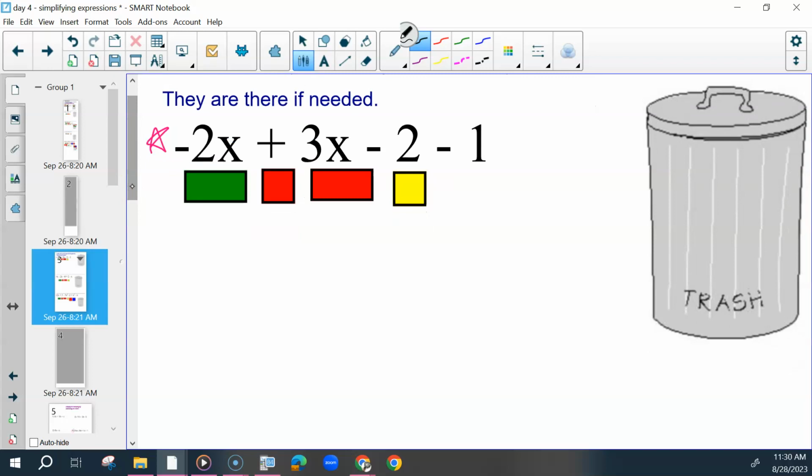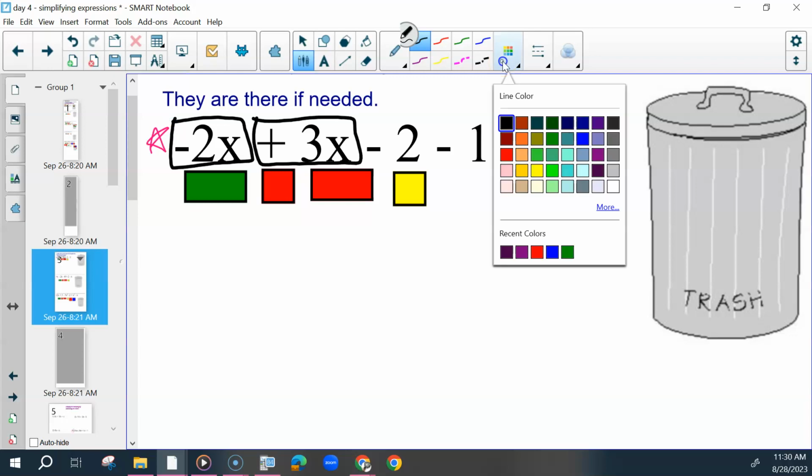Alright. So when you're doing this algebraically, you want to kind of do what we did last week. Sort terms that look similar together. Group like terms, but you also want to combine like terms. So we're going to find things that have a variable and the same variable.